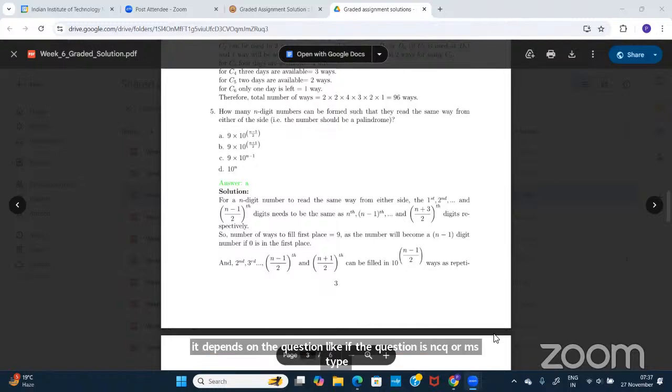Suppose it is MCQ, so you have to select only one option, or you can leave the question also. For one question you have 4 options, but you can leave the question also, so that is also one way. So a total of 5 ways for one question only.